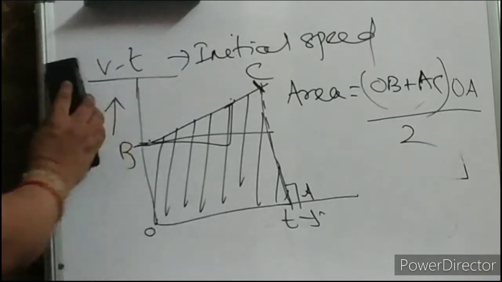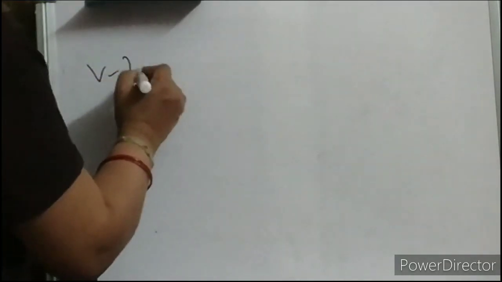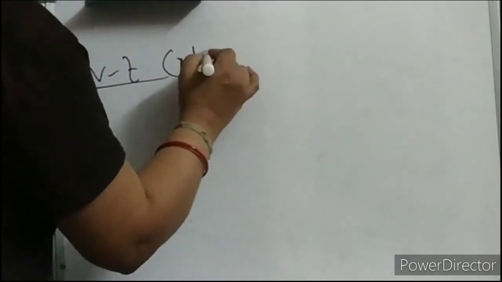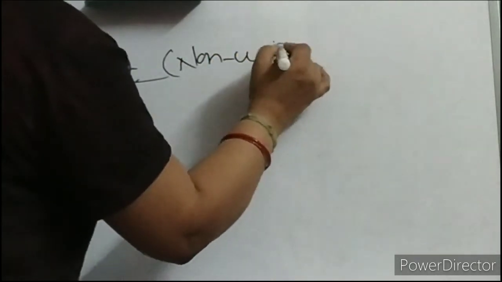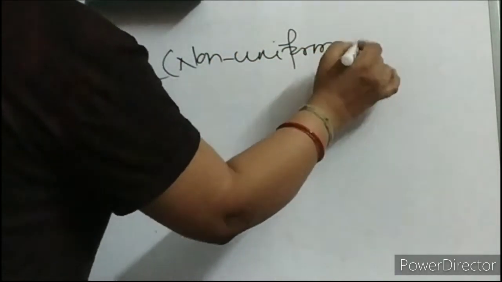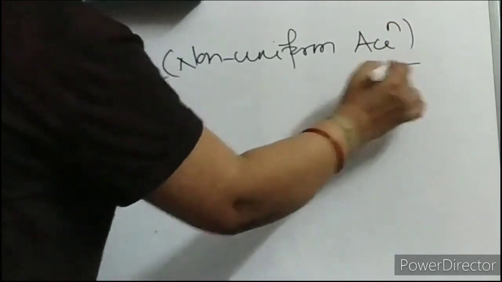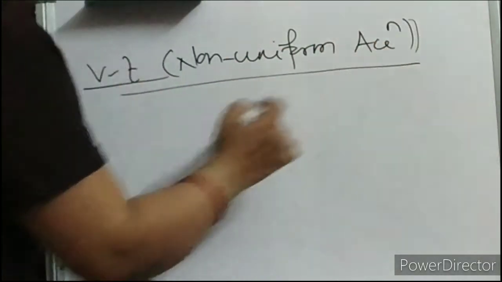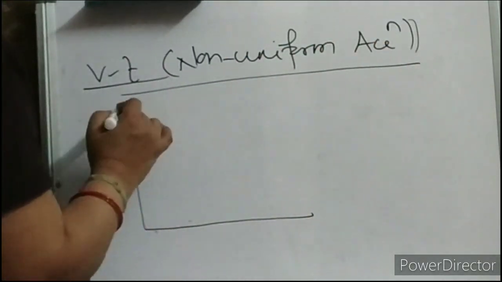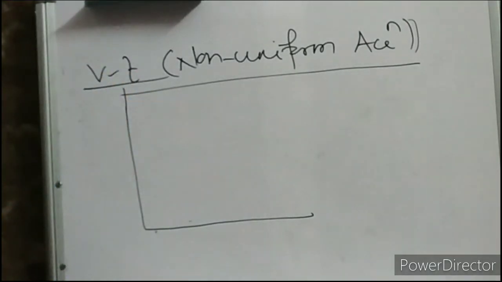Okay. Now last, the VT graph, when it is not changing uniformly, speed is not changing uniformly, that means non-uniform rate, or you can say VT graph for non-uniform acceleration. Then how is the nature of the curve? Tell me. Easy. Already we have discussed in the case of distance and time.